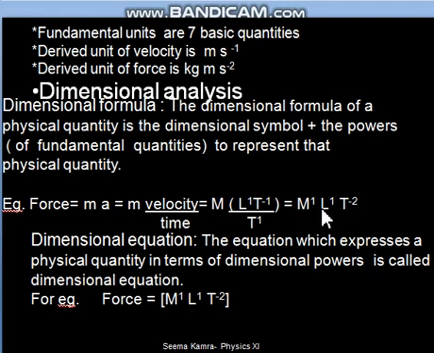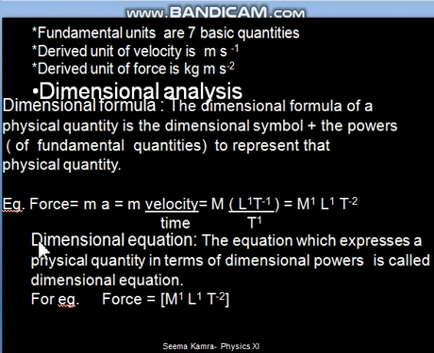M power 1, L power 1, T power minus 2, this is the dimensional formula of force. Now we will be dealing with quantities in terms of their dimensional formulas only in this chapter. Whenever we see the force quantity, we have to remember its dimensional formula, M1 L1 T minus 2. So this is the first term, dimensional formula, which we have understood here.